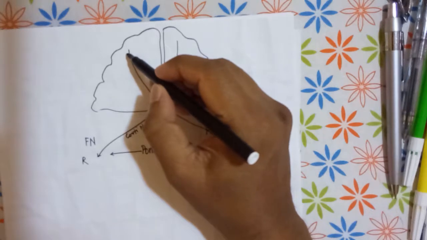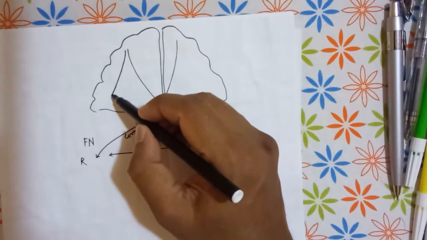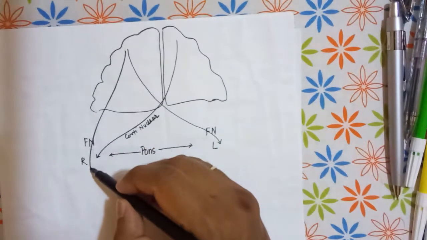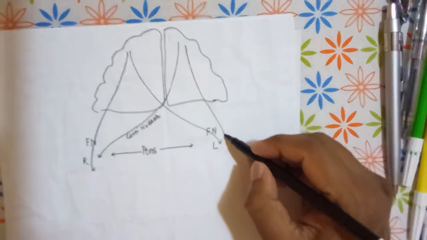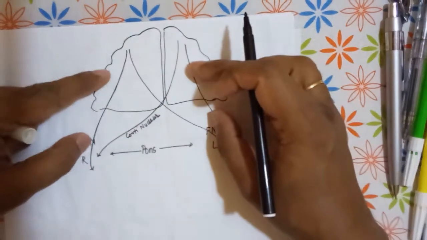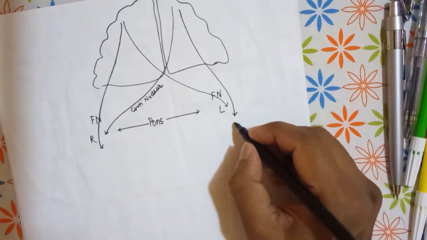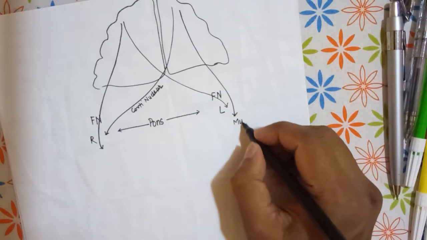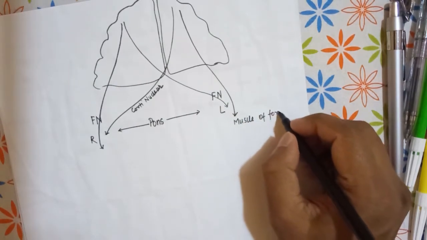Also, there are fibers which come from the ipsilateral cerebral hemisphere. These fibers from the ipsilateral cerebral hemisphere are the ones which will supply and cover the muscles of the forehead.